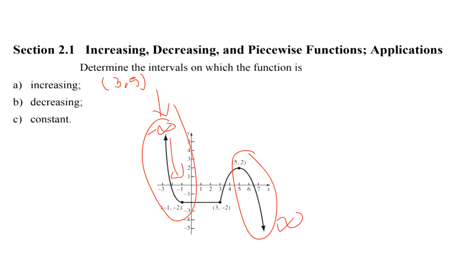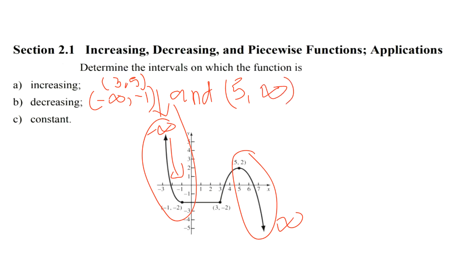So I'm decreasing from negative infinity to -1. And on the other area where I'm decreasing, I'm at 5. That's where my x is. And then I go down and it extends on to positive infinity.